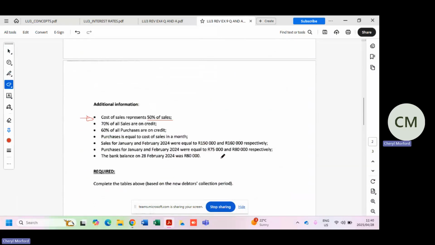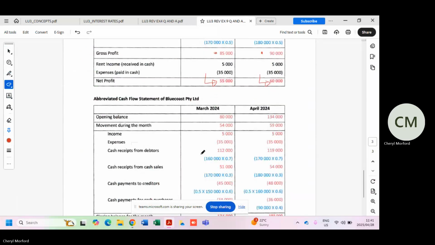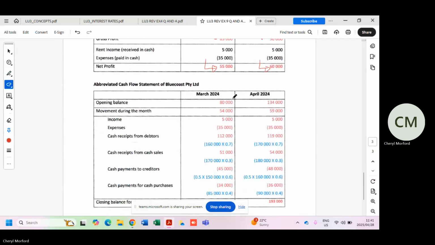Under the additional information, the last point over here says that the bank balance at the beginning of the period, remember the period is March, will be the same as the closing balance on the previous month. So as at the end of Feb, we had a positive balance of 80,000 in the bank account. So that is where we begin over here.